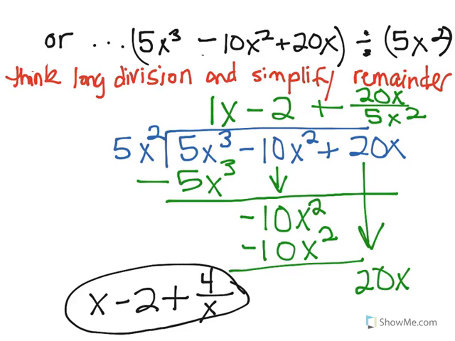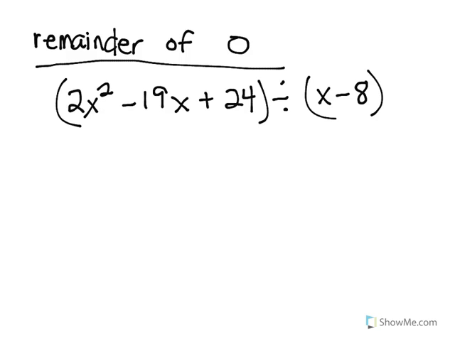The next few examples we have to use long division. In this example we have a polynomial divided by a binomial, and we are going to end up getting a remainder of 0. So what does that look like?